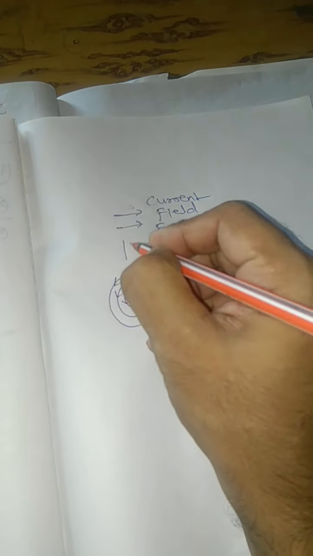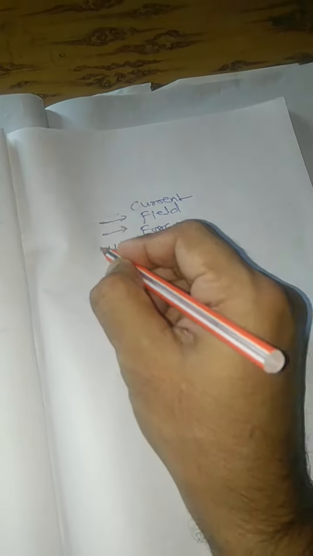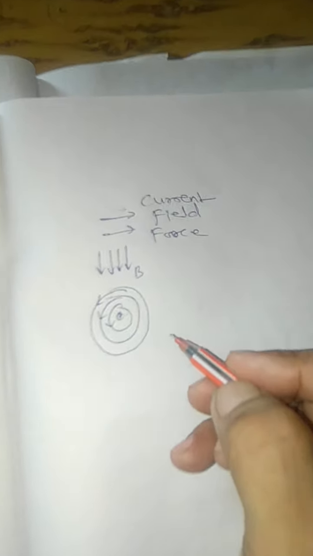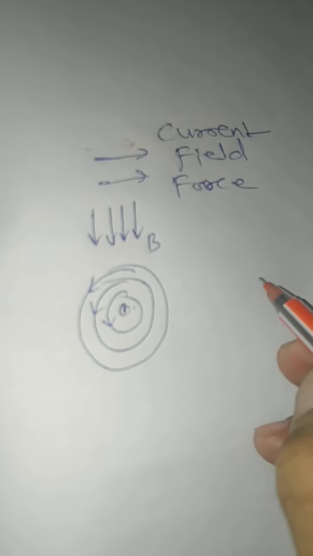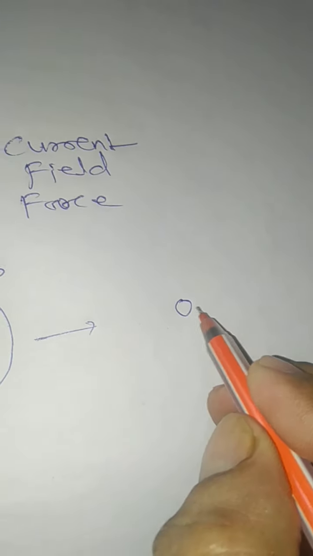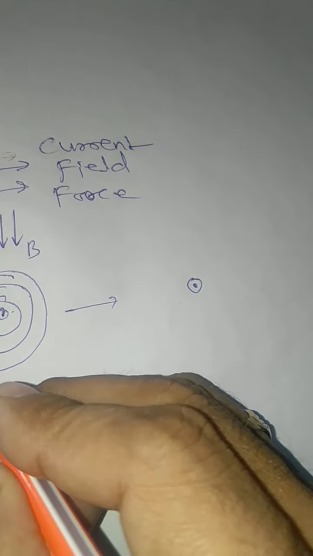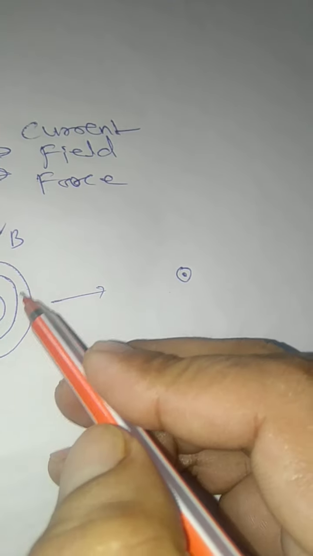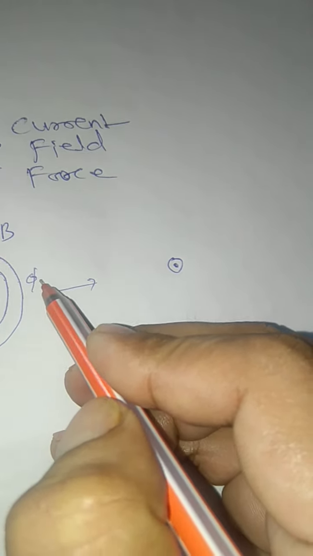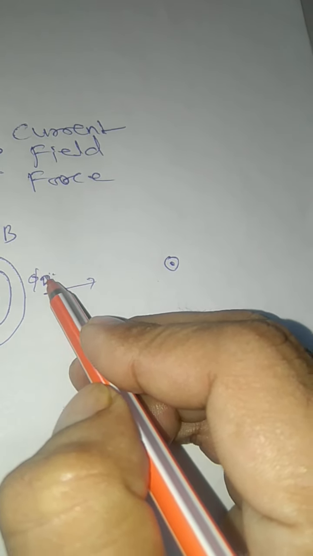Now if we impose a field in this flux B, then what will happen? It will happen on all the concentric circles: on one side, phi 1 and phi 2 will add, and on the other side, phi 1 minus phi 2.